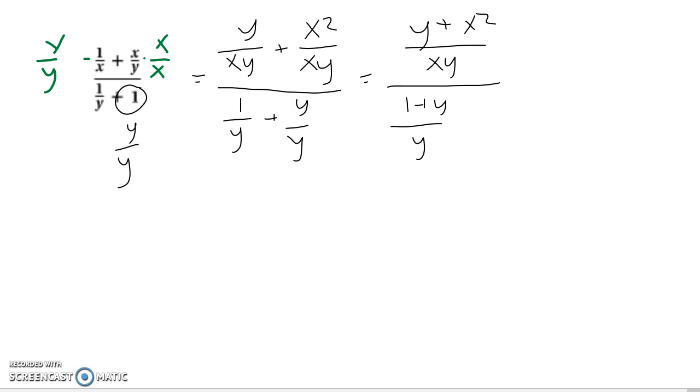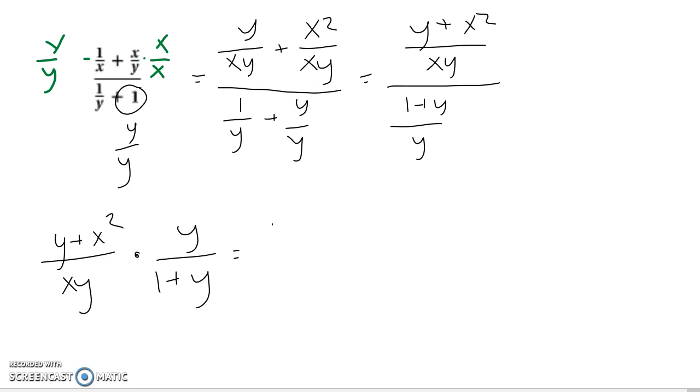Now, in order to divide two fractions, that really means that we are taking the first fraction and multiplying by the reciprocal of the second fraction, the denominator fraction. So we are multiplying by y divided by 1 plus y.